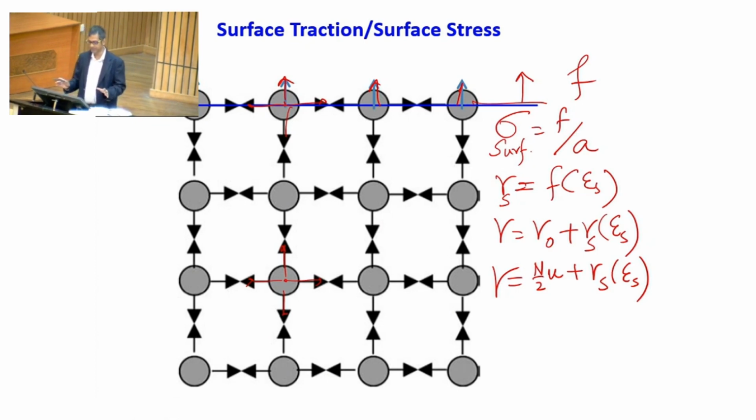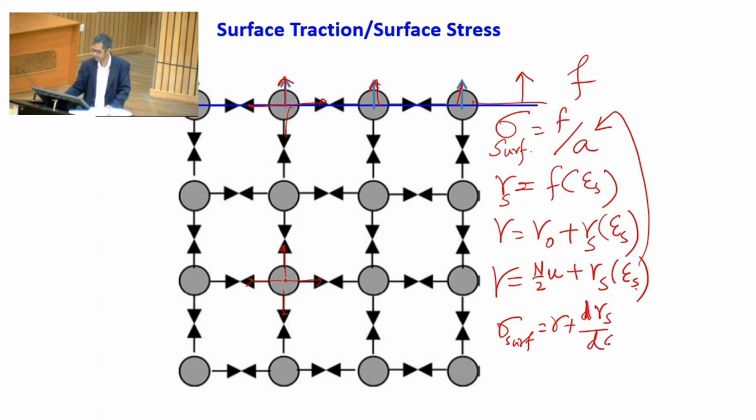Now I know these aspects, and I know epsilon s is related to the surface stress. So, gamma s depends on epsilon s, which depends on the surface stress sigma. I can do a simple math, which I am leaving to you. So, I can write sigma surface is equal to gamma plus d gamma s by d epsilon s.